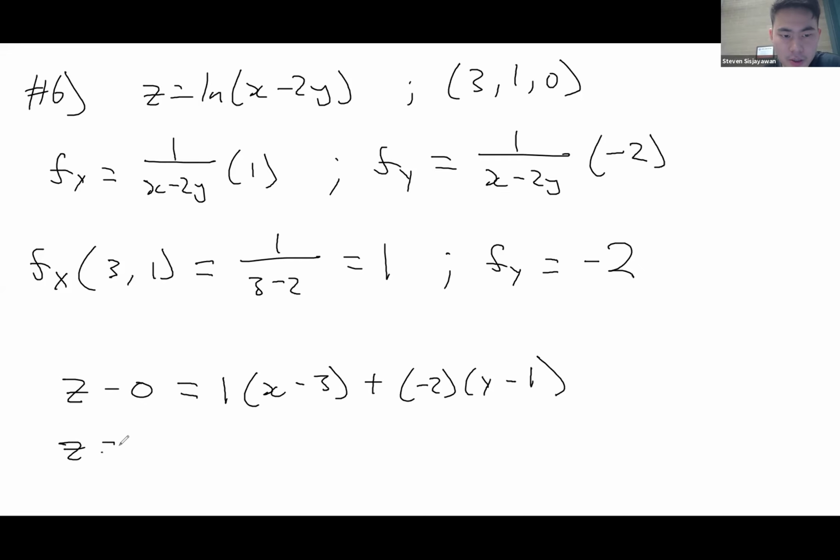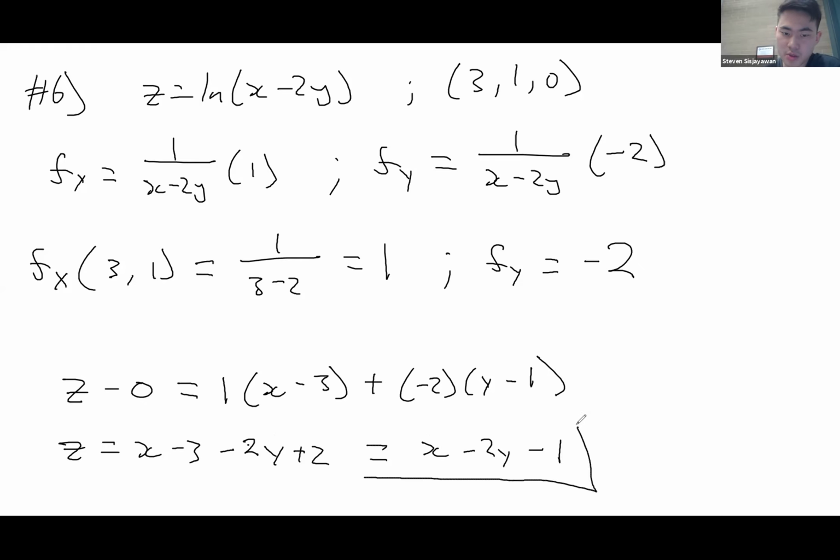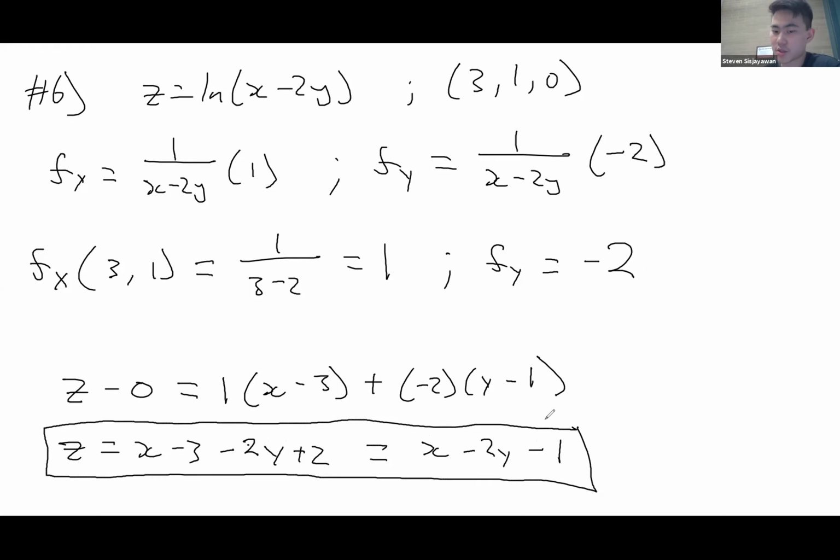All right, z is equal to x minus 3 minus 2y plus 2, which is equal to x minus 2y minus 1. So this is going to be my equation of the tangent plane. Okay, not a line, it's a plane.